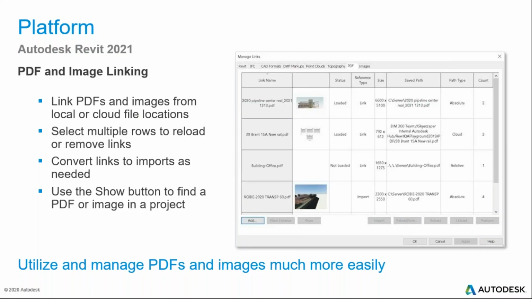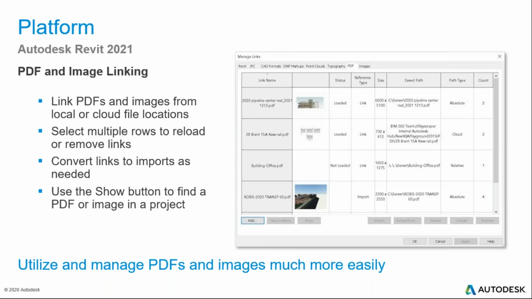Today, with the latest release, you can link and unload images and PDFs in project models both locally and from the cloud. You can easily keep this information updated while also not increasing file size or embedding the image or PDF file for security or IP reasons.